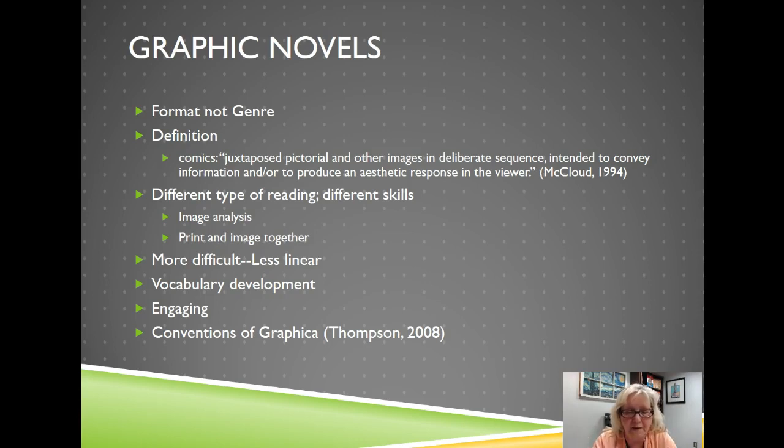But it's very engaging for a lot of readers. It can help with vocabulary development. Often the vocabulary level is a little higher, and it can be because of the visual clues that are within the pictures. Often, like picture books are at a much higher vocabulary level and a much higher lexile level because they're meant to be read aloud.